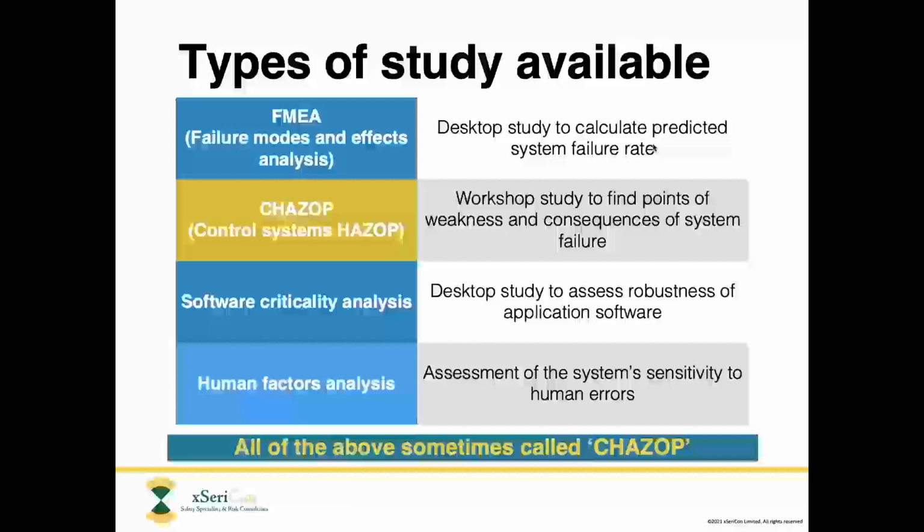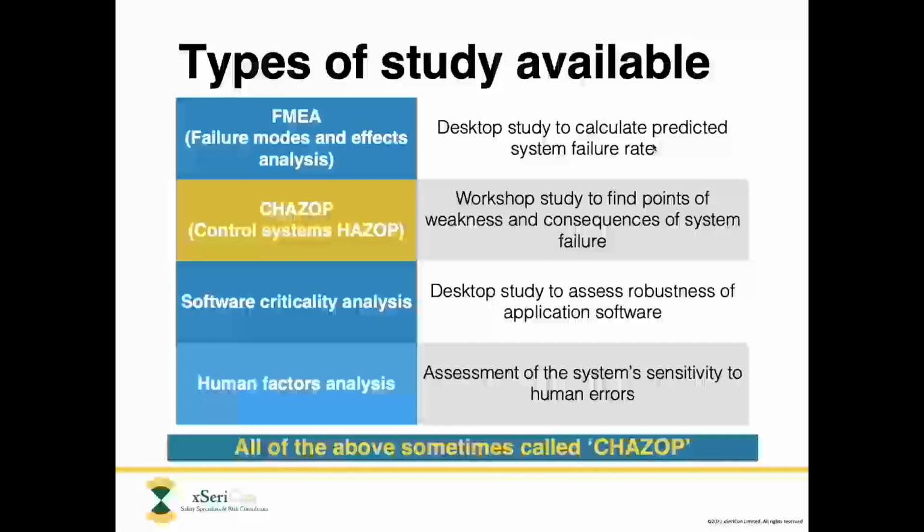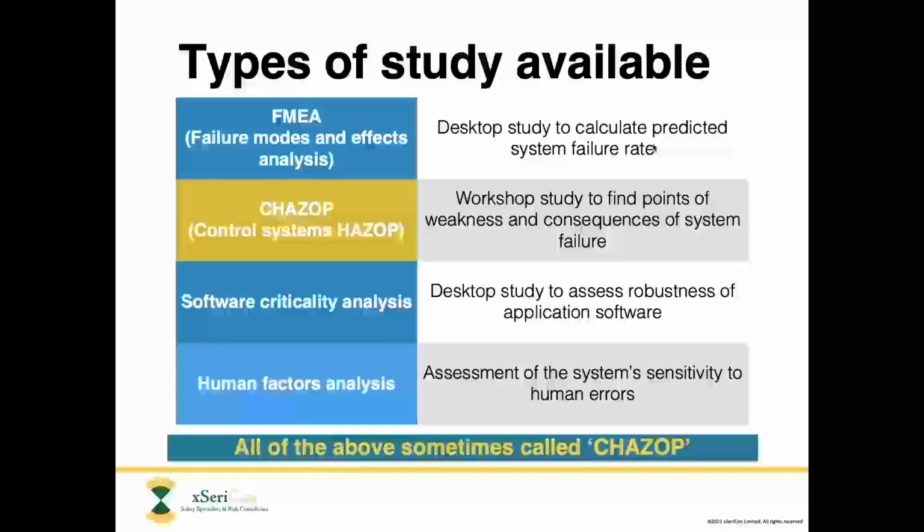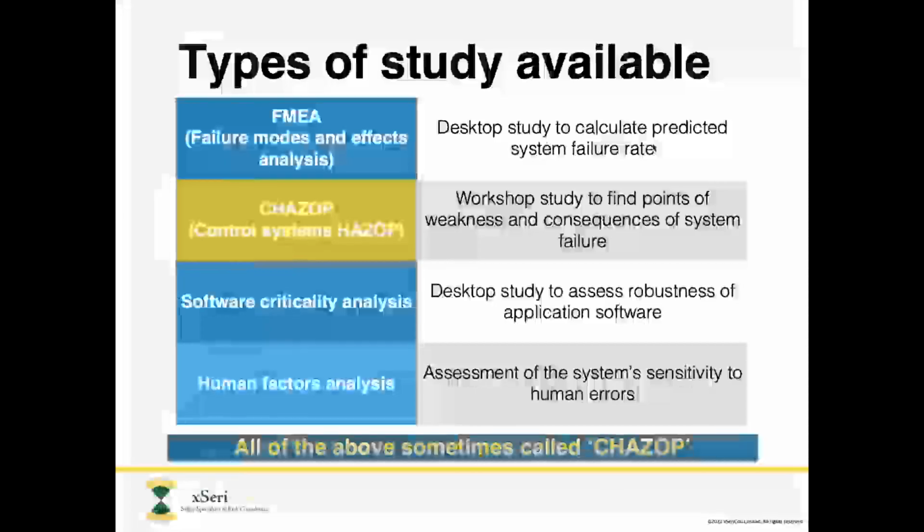And then the fourth kind of study, human factors analysis. And if you know anything about human factors analysis or ergonomics analysis, you know that it can be a very wide-ranging study, or a whole set of different studies, really.